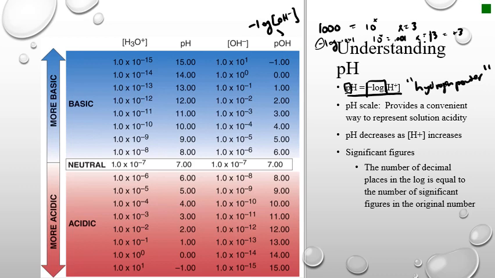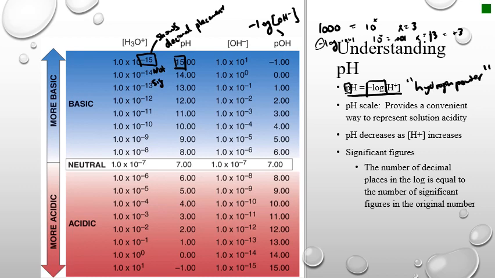The last thing that we have to do is deal with significant figures. When we are dealing with pH, the number of decimal places in the logarithm is equal to the number of significant figures in the original number. So the first number that you see, and I'm just going to look at this first example, the 15 here correlates to the power to which 10 is raised. This part here just shows decimal placement, which by our normal rules of significant figures means that it is not significant.